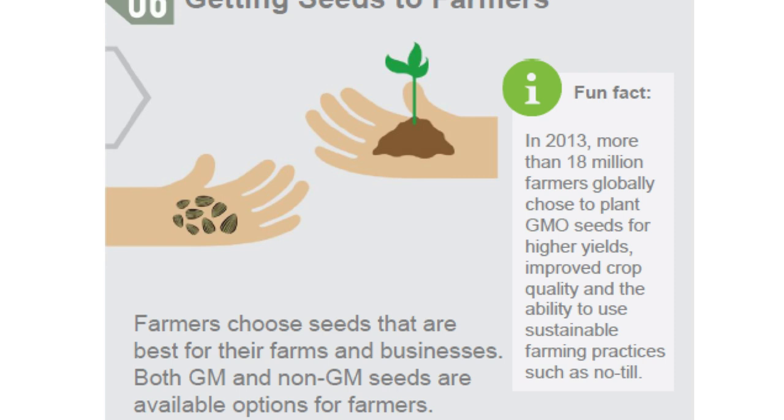Then you have to sell it to the farmers. Usually farmers will want them because they have higher yields. You get more fruit per area of farm. The fruit is better quality. Maybe it'll last longer.